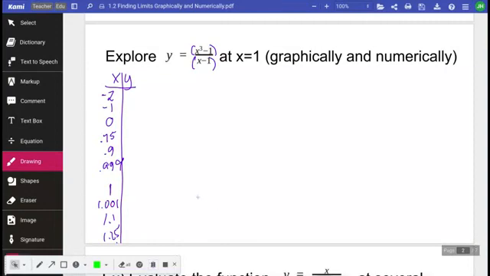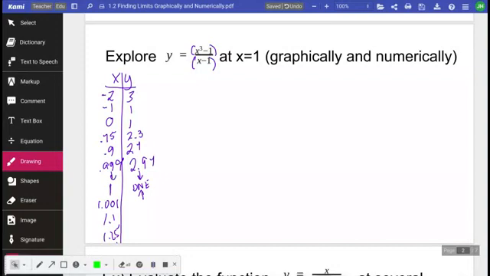As we start plugging things in, and you can use a calculator, we'll get 1, 2.3 approximately, rounding of course, 2.7, you can go on and on, 2.97. It's undefined at 1, right? This doesn't exist exactly. But we're trying to see what it's approaching as it gets close to 1.